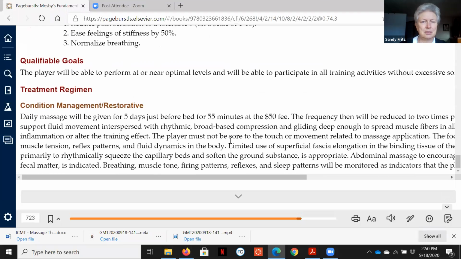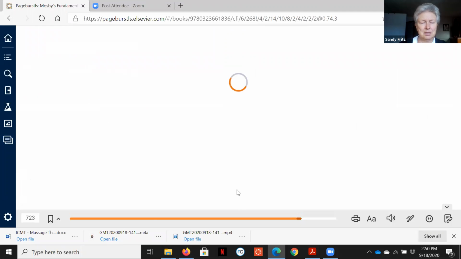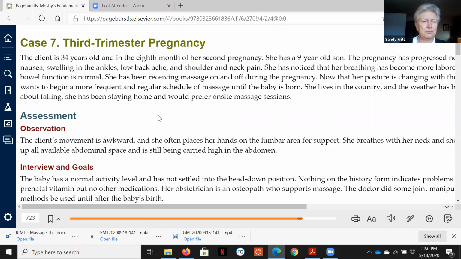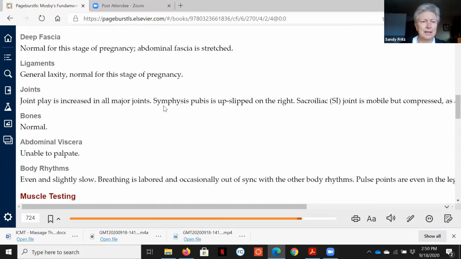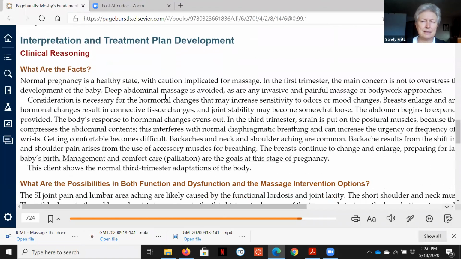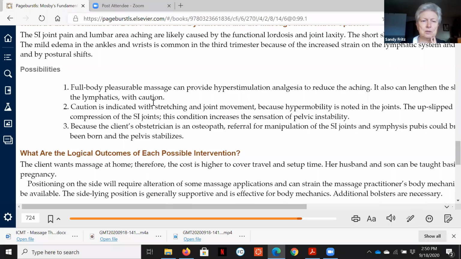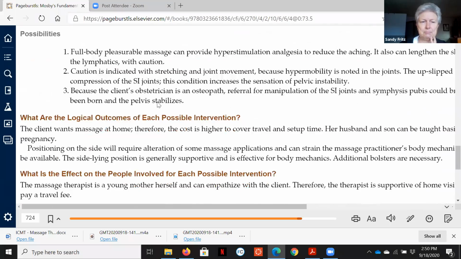So here's third trimester pregnancy. Here's one. The complicating factor on this one, I think, is that it's icy and they feel unsafe to travel to the massage therapist, and whether or not the massage therapist will travel to them.